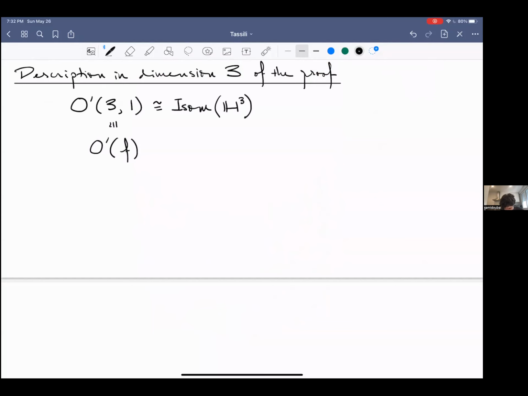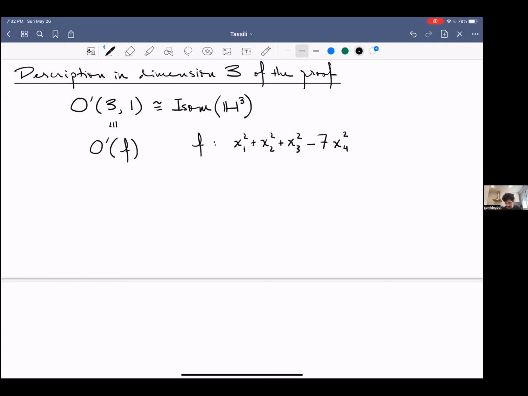I can make it this form. And I will want a 7 there. So this form has signature 3-1, clearly. In a moment, you'll see why I put 7 there.